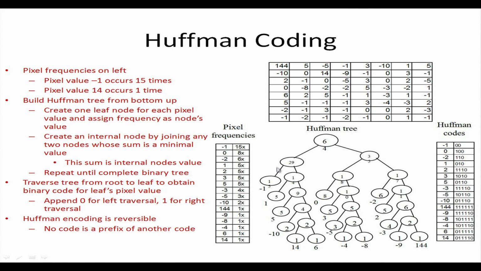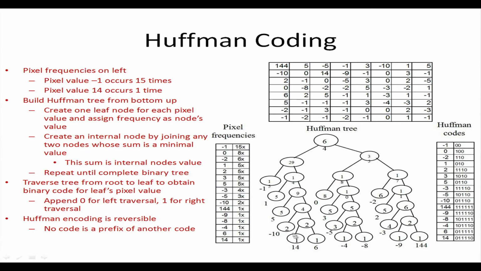So, I get the binary tree. I once again repeat how I got it. I take the leaf nodes, marked with their frequencies, and pair up two nodes and make an internal node, such that it is a minimal combination.